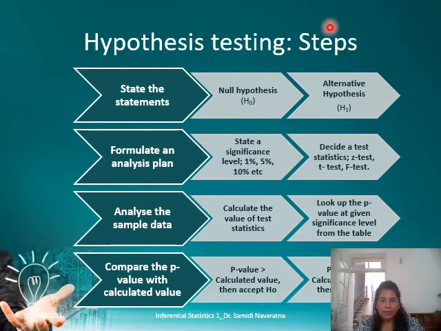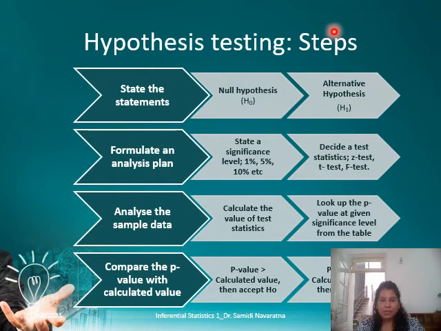So for an example, let's say you want to test whether there is a relationship between gender and height, right? Based on your knowledge of human physiology, you formulate a hypothesis that men are on average taller than women.